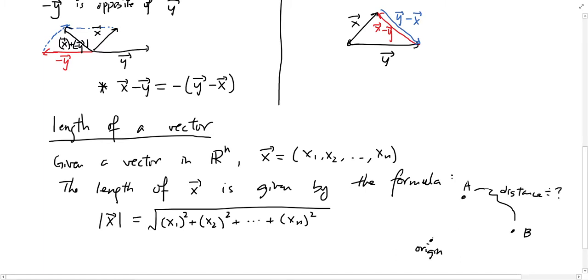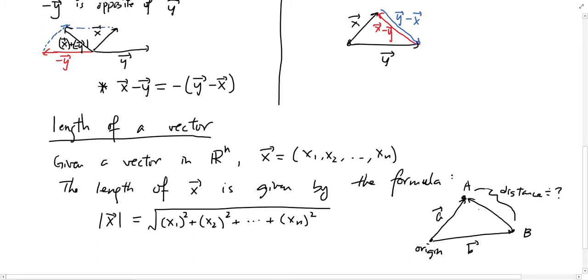Then what we basically do is define this vector, which I'm going to call vector A, and this vector, which is called vector B, and then define the direction vector between them, which you can define to be A minus B or B minus A, depending on which way you want to do it.